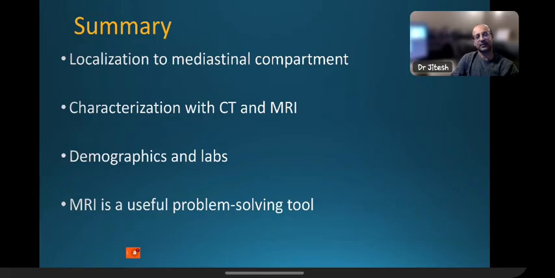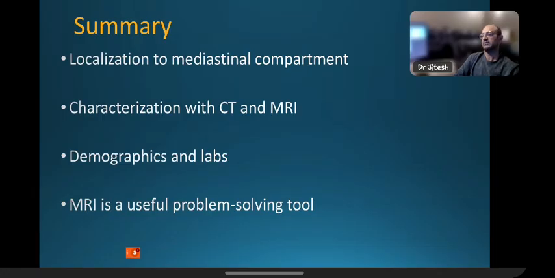So to summarize, localization of the mass within the mediastinal compartment is the key. That's the first step. CT is the imaging modality of choice for characterization of these lesions, masses, or abnormalities. MRI is the problem-solving tool. It is the imaging modality of choice for posterior mediastinal masses.